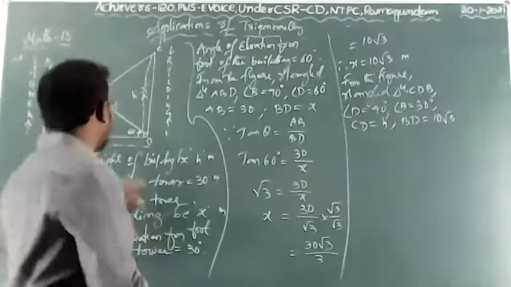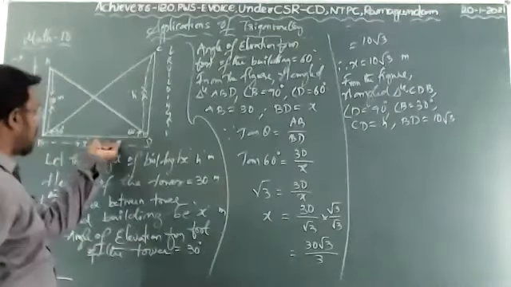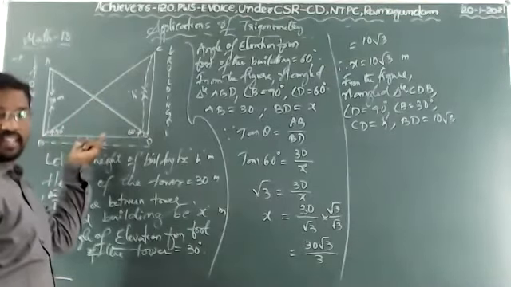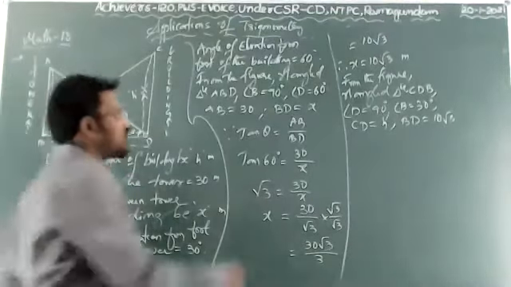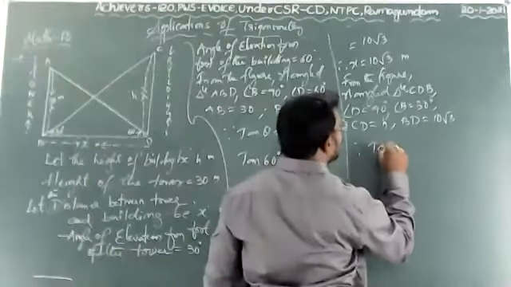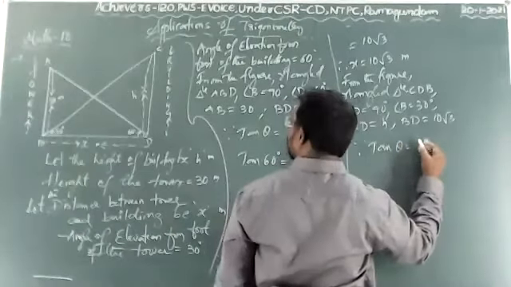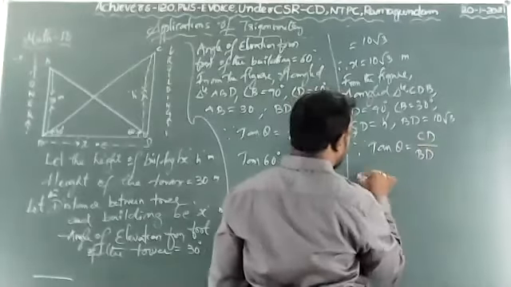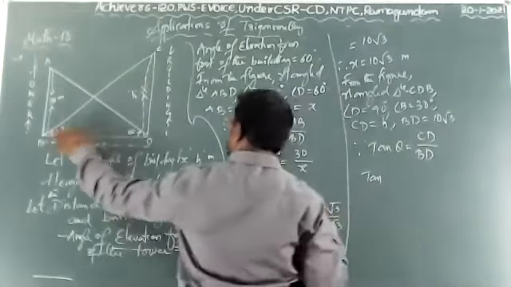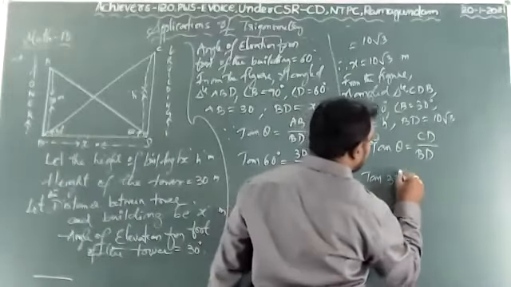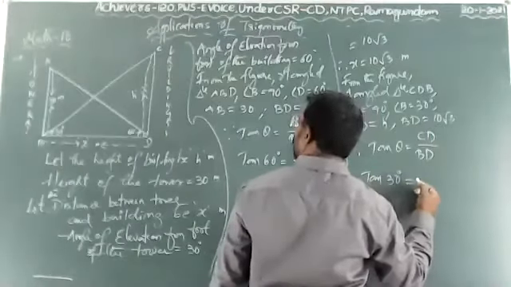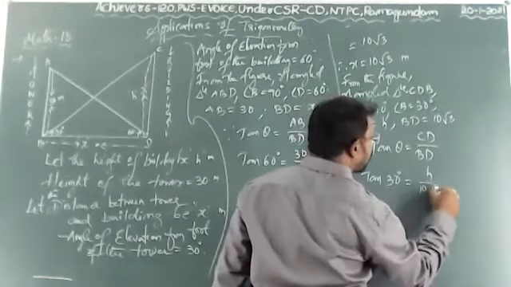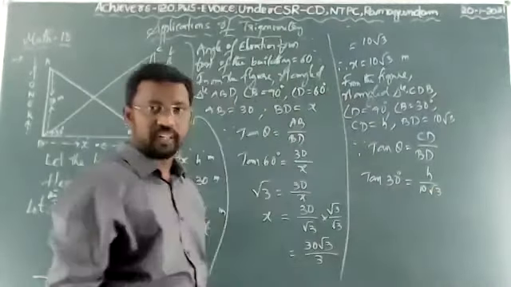Now substitute. Again, this is opposite and this is adjacent for the angle of elevation. What ratio? Again the same: tan theta is equal to CD by BD. Theta is 30 degrees. CD we have to find. BD is 10 root 3.